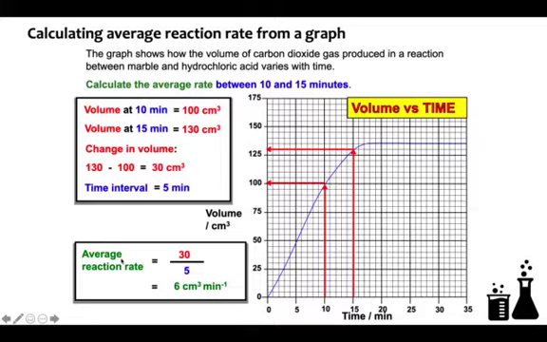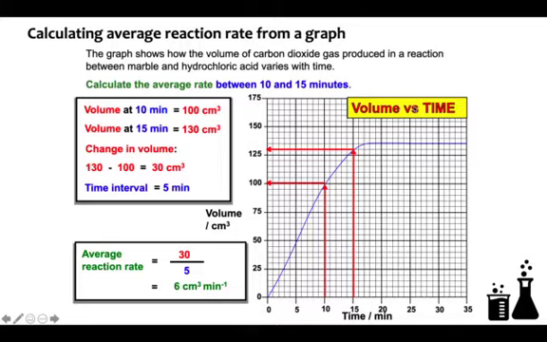So we work out our change in the quantity, which was 30 centimetres cubed. 30 centimetres cubed of gas was generated over this 5 minute period. And then we put it over the time interval, which, from 10 minutes to 15 minutes, is 5 minutes. So therefore, the average rate of reaction is 30 over 5, 6 centimetres cubed per minute.